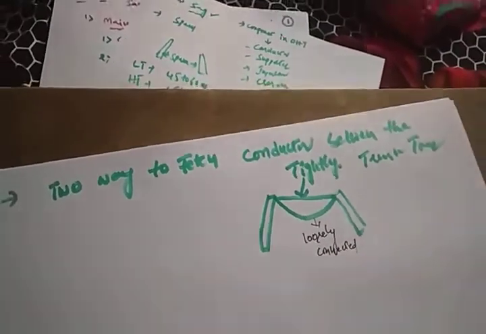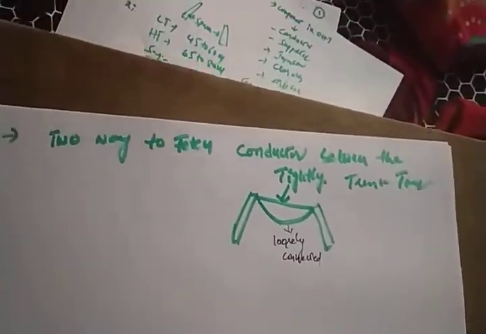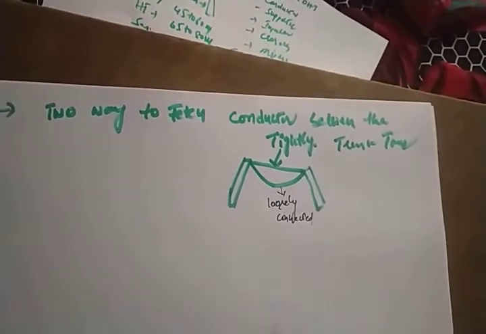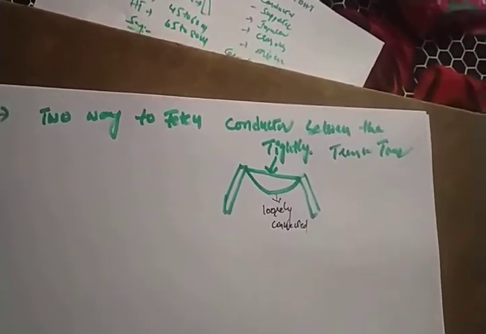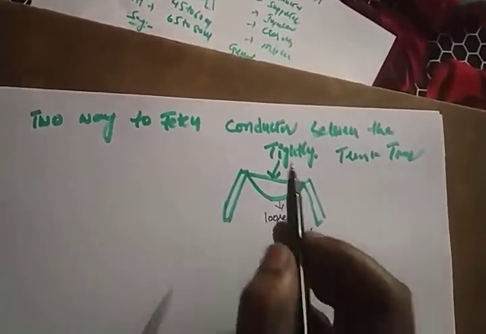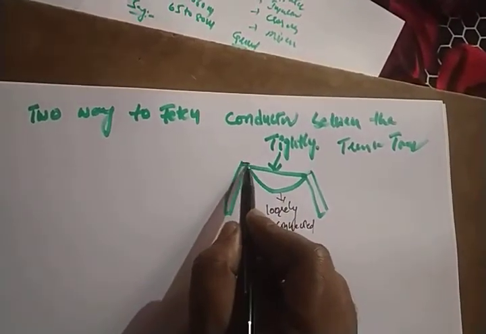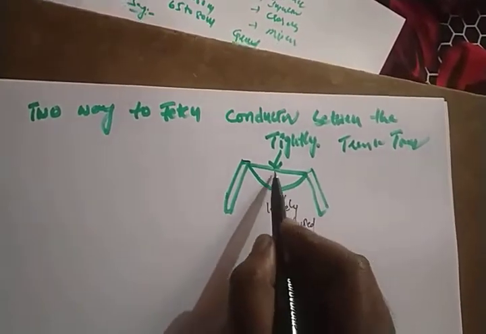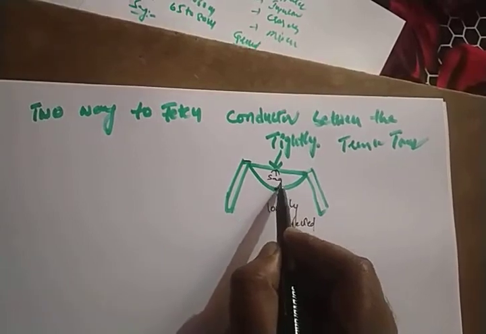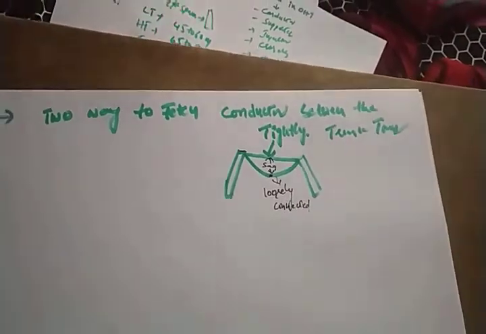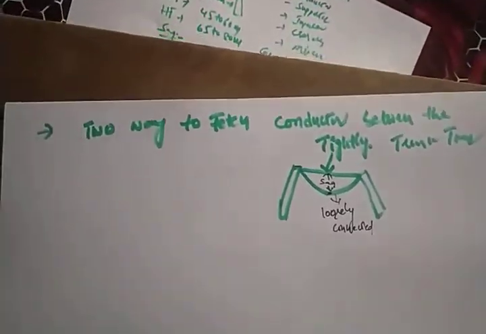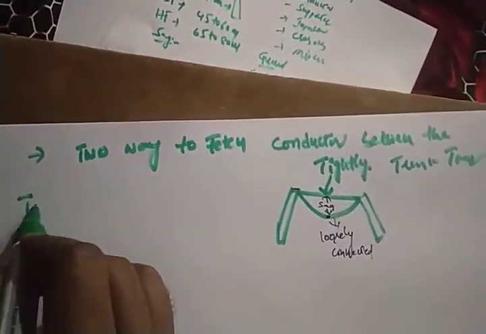So what are the advantages and disadvantages when it is connected tightly and when connected loosely? What is the sag here? This is the lowest portion, so we can call it a sag. Now first we will take the tightly connected system.